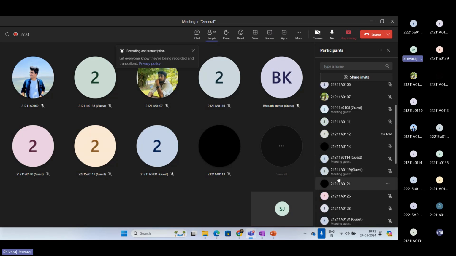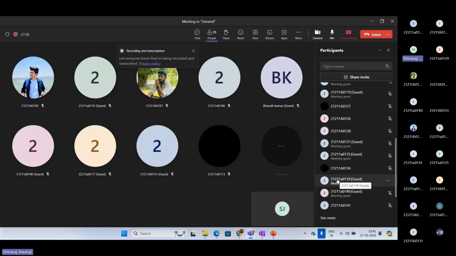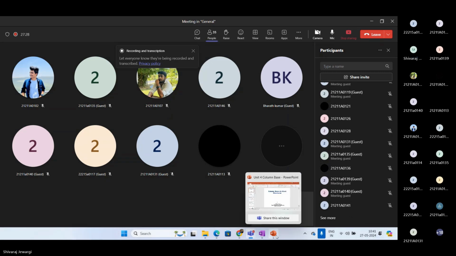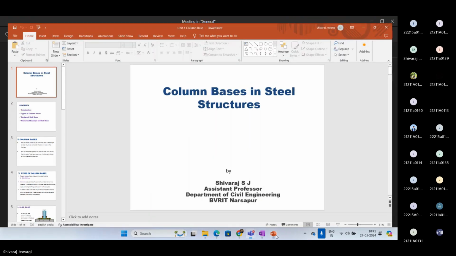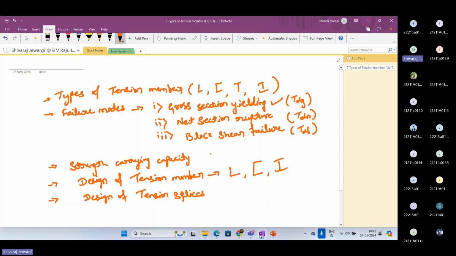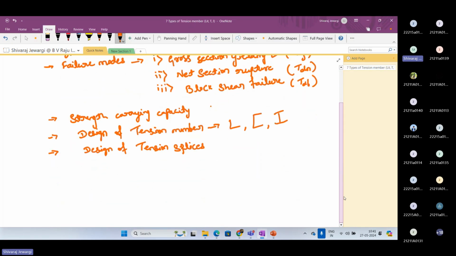Before going on vacation, we discussed the tension splice. Can anyone please tell me what is a tension splice? Yes, it is similar to a double cover butt joint. Double cover butt joint. Do you remember this?